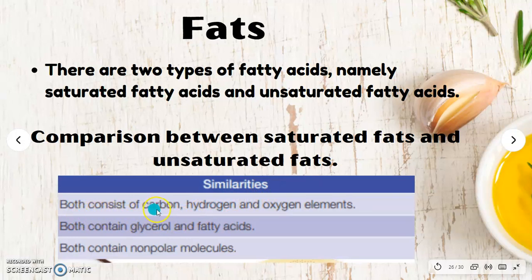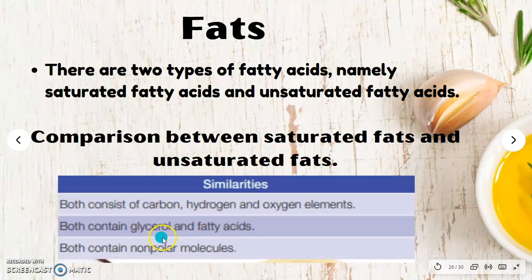Both consist of carbon, hydrogen, and oxygen elements, the elements for lipid. Second, both contain glycerol and fatty acids.